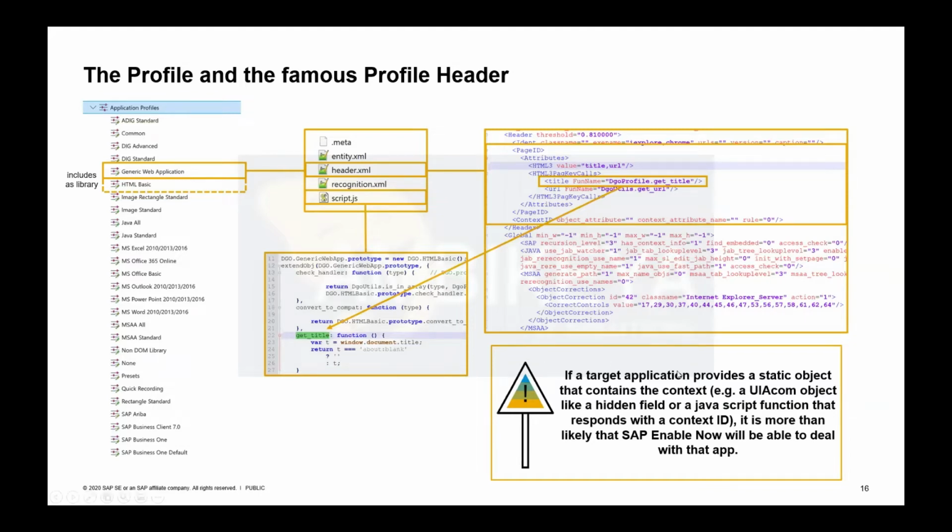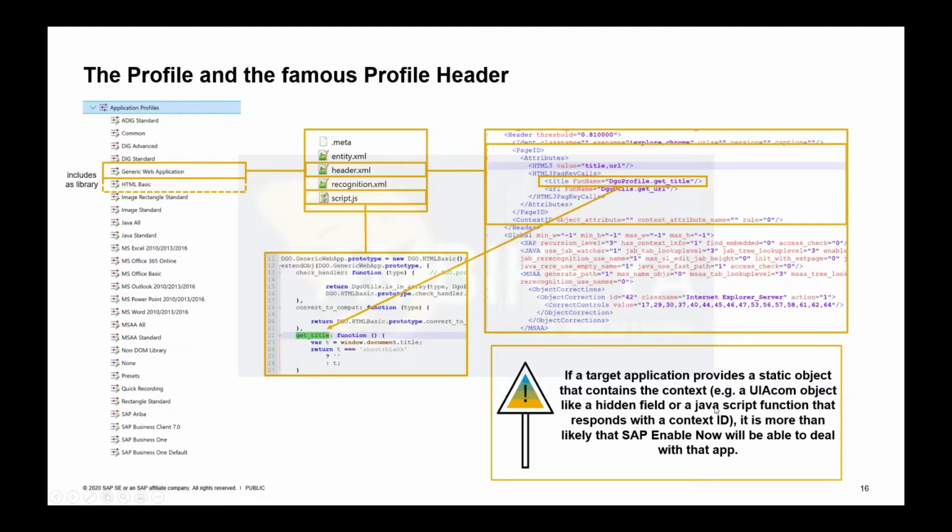If a target application provides some kind of a static object that contains the context, for instance, a hidden field somewhere that has a static address in that model using this user interface language from Microsoft, or has a specific context ID that could be gathered by a script functionality.